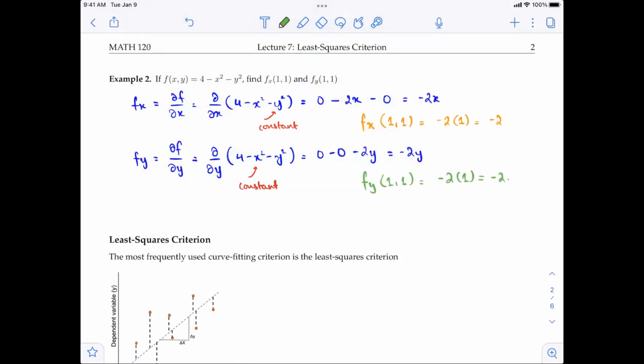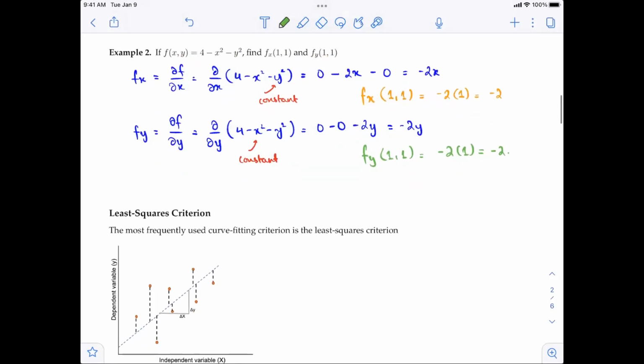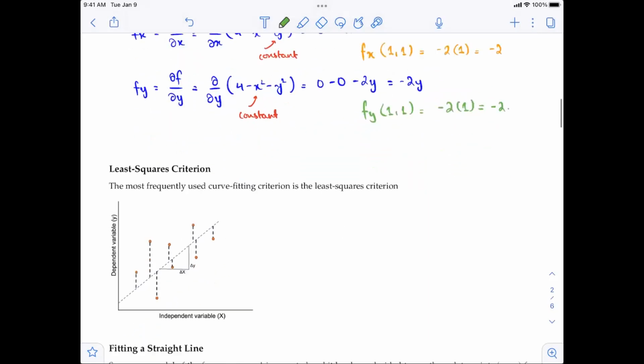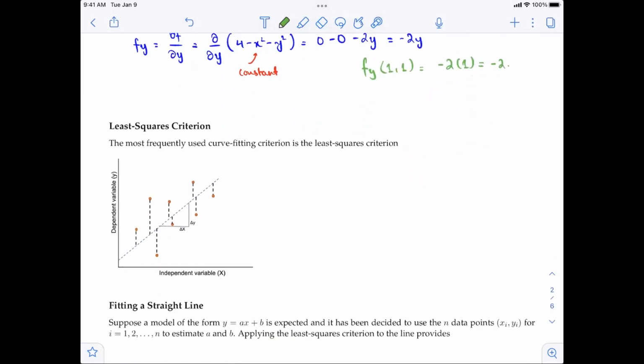Eventually, we're going to use the knowledge of partial derivatives to derive the formula for the parameters of the function. So let's talk about the least squares criterion. Again, this is probably the most frequently used curve fitting criterion in all of mathematics and statistics.